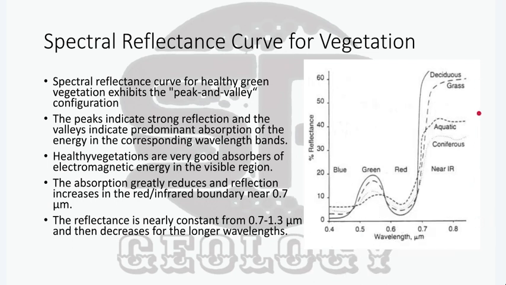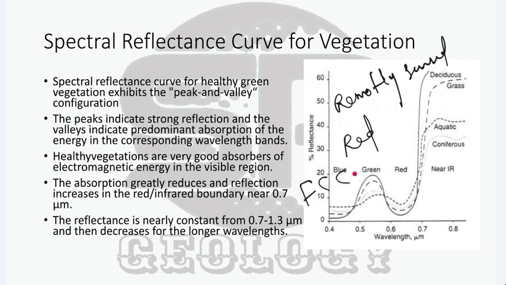So when you see a remotely sensed image, you can see that red color is allotted to vegetations in false color composition, FCC. We will study later what FCC is.